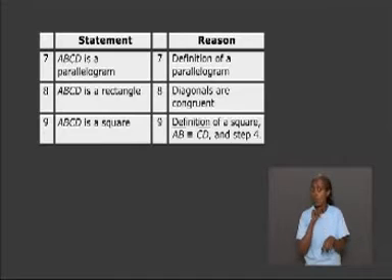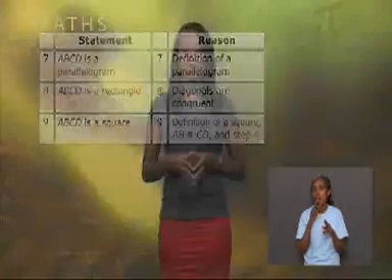Not only does the shape look like a square, we have learned how to prove that it is a square geometrically. Remember, students, that while all squares are parallelograms, not all parallelograms are squares.